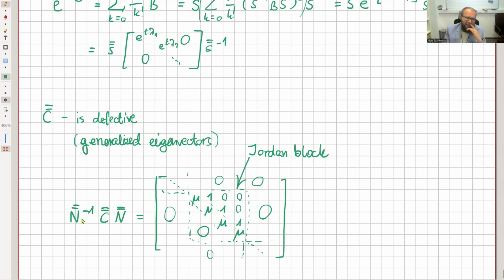Okay, this N you find, because this N executes the transformation from your original basis to the basis made out of eigenvectors plus the generalized eigenvectors you found using the algorithm. And this transformation brings you to the Jordan form of the matrix.